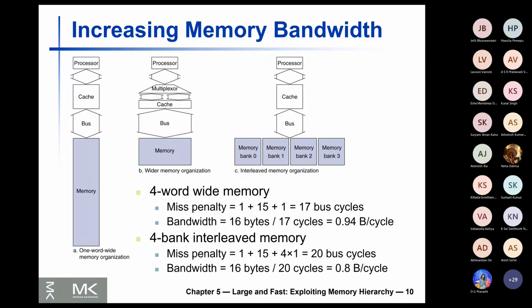Finally, it is an interleaved memory organization, where now you have 4 different memory banks. These memory banks are logically or physically separate blocks, modules of memory. They can either be in the same chip, logically 4 different modules, or they can be 4 completely different DRAM chips.